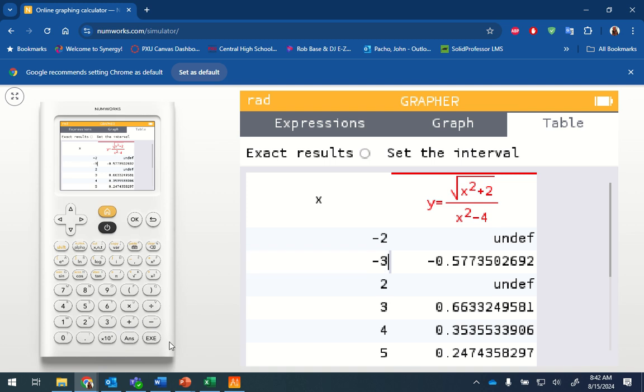Negative 3. Okay, so right now, at negative 2, that's going to give me undefined. Negative 3, I get this number here. At positive 2, I get undefined. What about 0? Okay, at 0, I get a number here too, right?